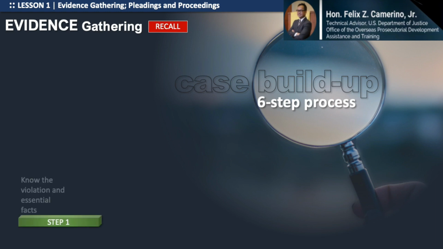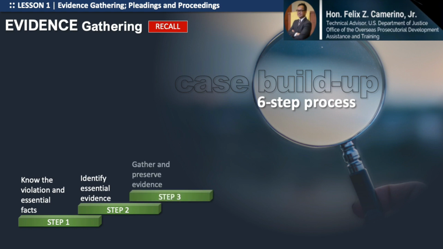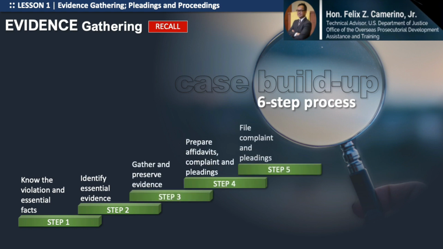Recall when we defined it, we said that it was a process of building a case, right? And that this process involves 6 steps. Let's take a look again, just to review what those 6 steps are. Step 1, know the violation and essential facts. Step 2 is identify essential evidence.